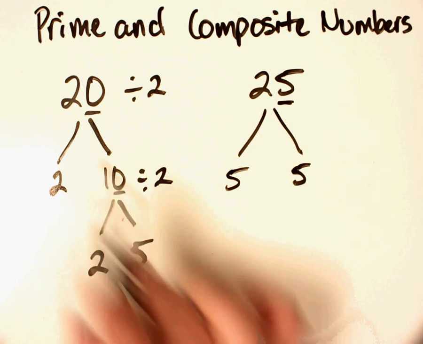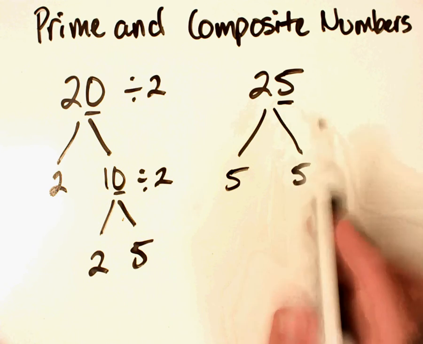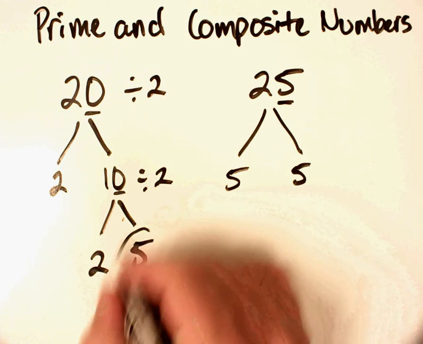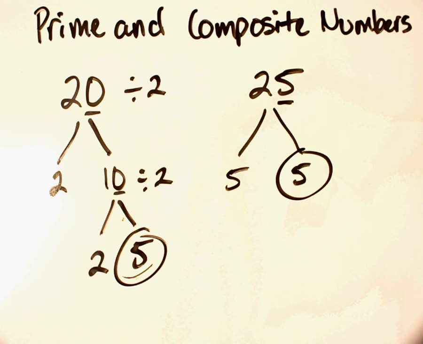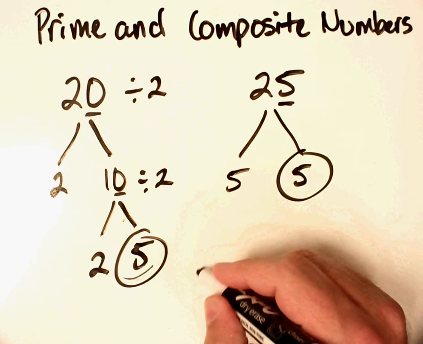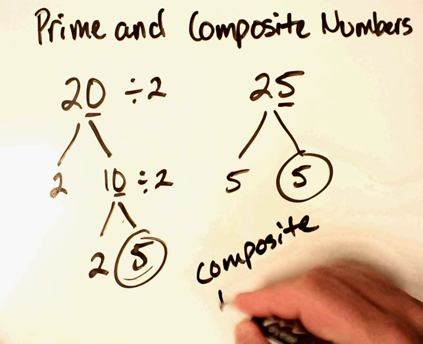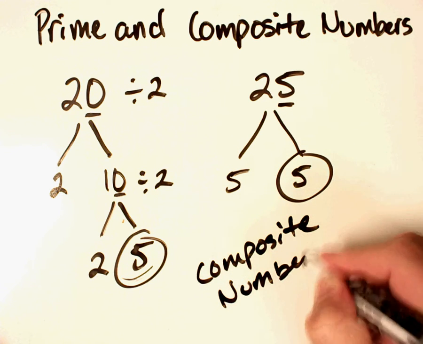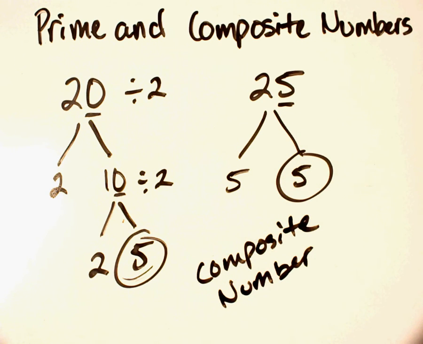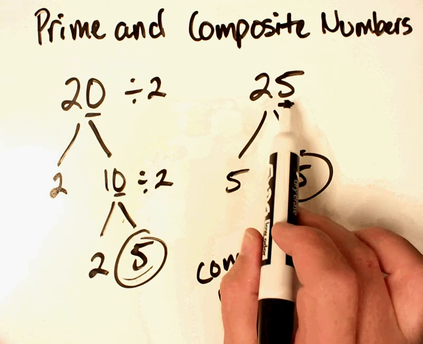Anytime we have a 0 or a 5 in the ones place, 5 will always be a factor. So anytime there's a 0 or a 5, it is going to be a composite number. Because I can always factor out a 5 if there's a 0 or a 5 in the ones place.